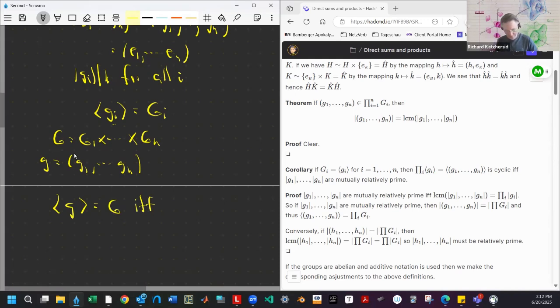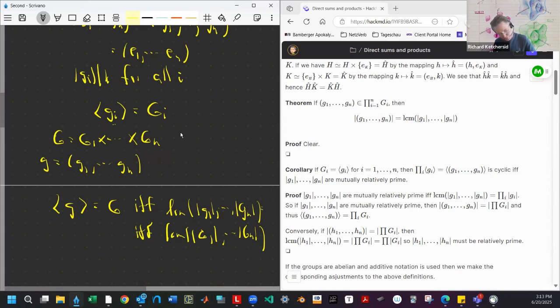the LCM of the orders of all these groups. In fact, I'll write this in two ways. So that's the order of the element, but that's also if and only if the LCM of the orders of G1 up through Gn, because these are cyclic groups, equals the size of this product, which is just the product of all these things.